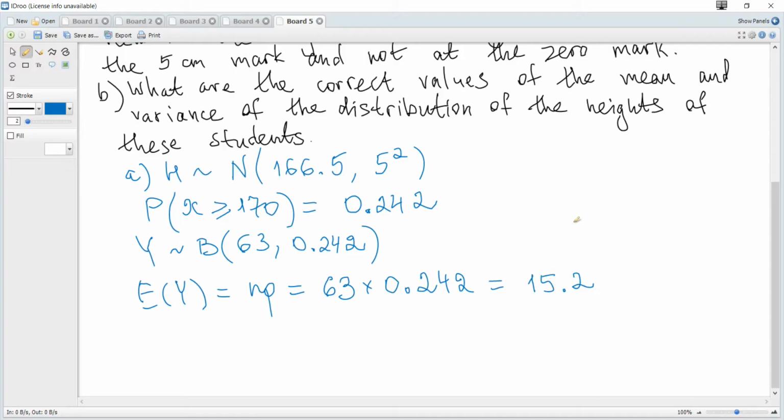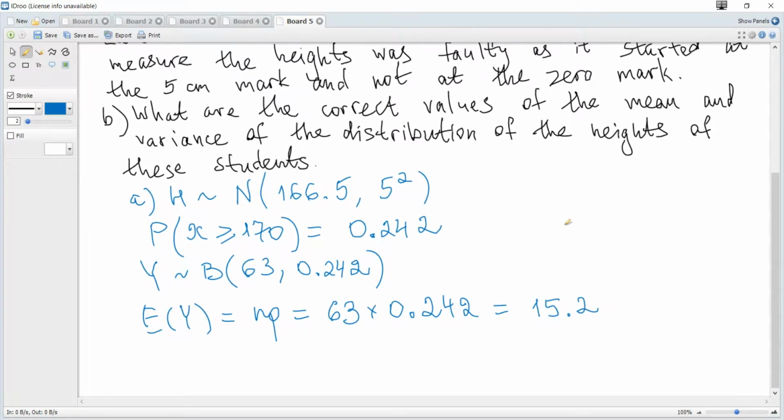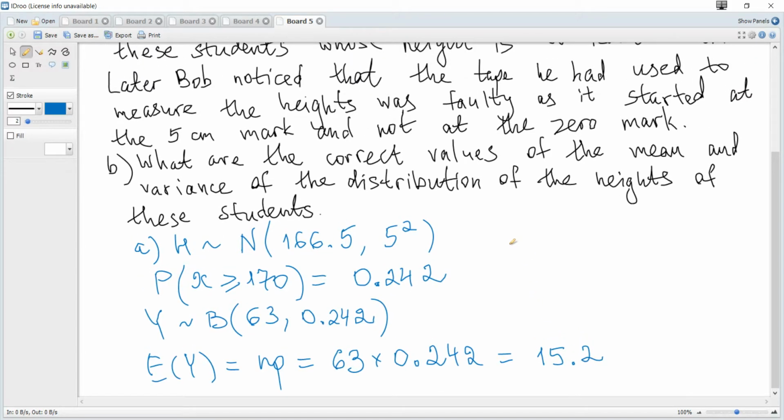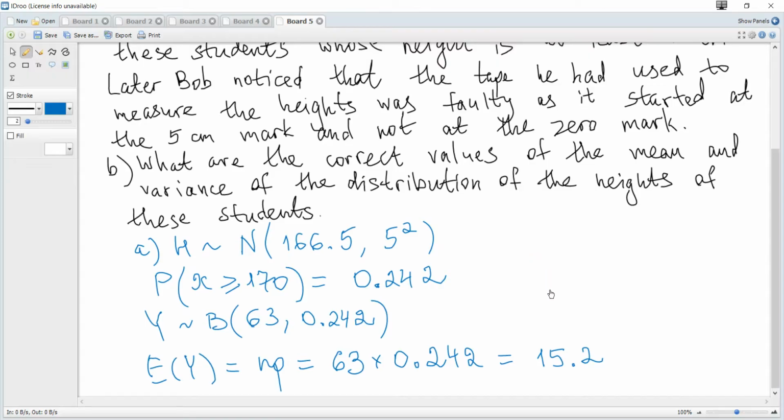And in general, expected value may be a decimal. It doesn't matter that we consider students or any other objects which are measured in whole numbers, because expected value is a theoretical mean, theoretical expected value, and it may be considered as a decimal.